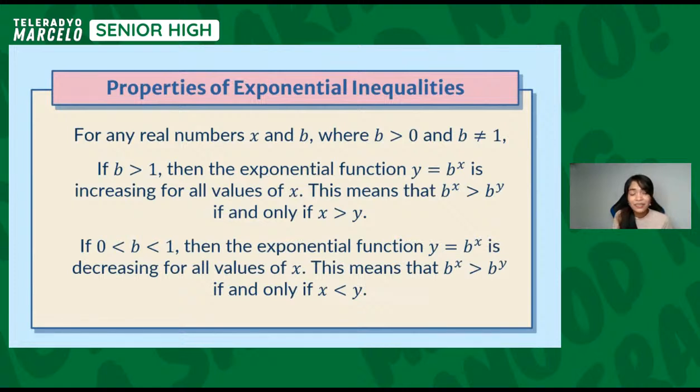So this means that b raised to x is greater than b raised to y if and only if x is less than y. So ano ibig sabihin nito? Yung expression natin on the left side will be greater than the expression on the right side if yung exponent ng nasa left side ay mas maliit sa exponent ng nasa right side.